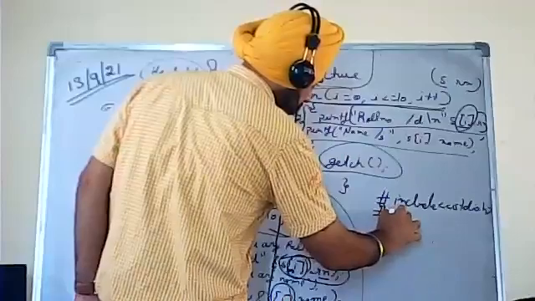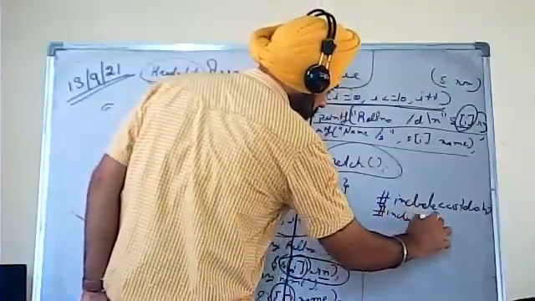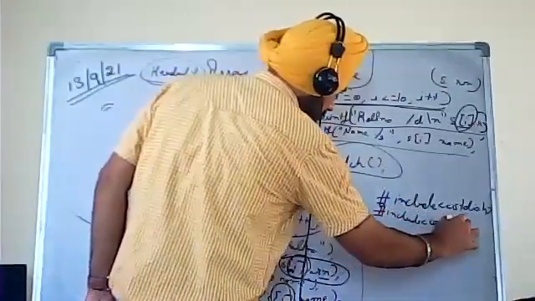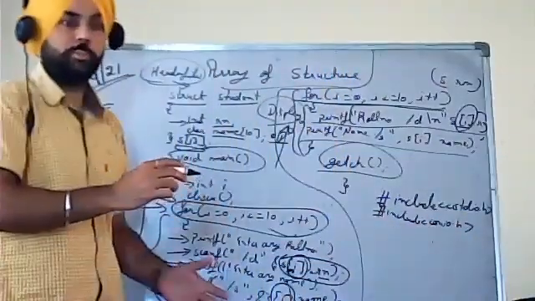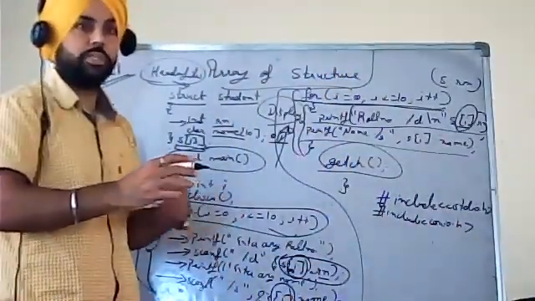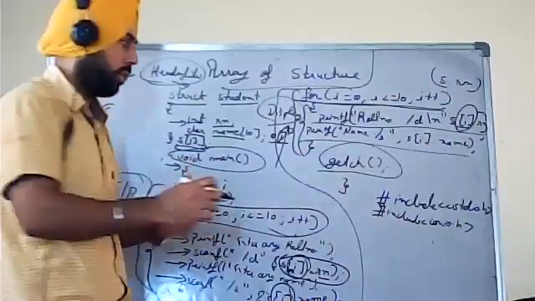Console is the same: include conio.h, that is console input output, that is the same whether we are using C++ programming or C programming.